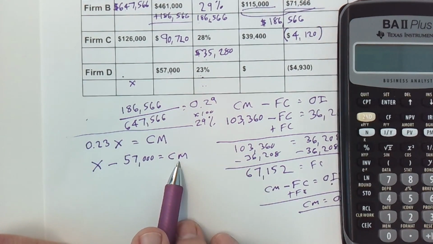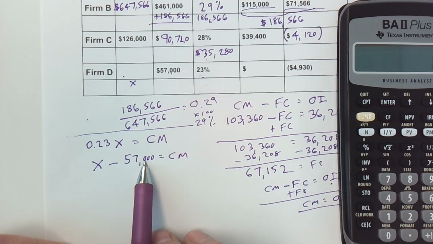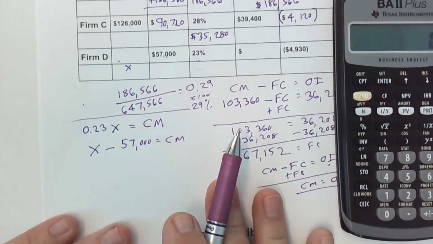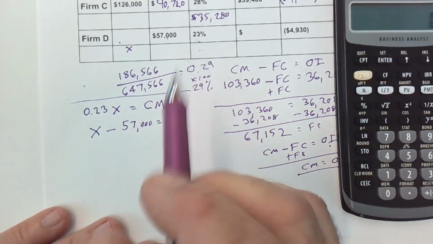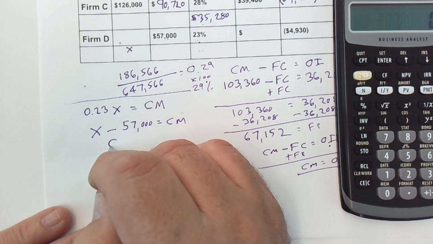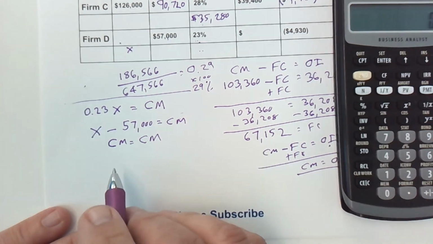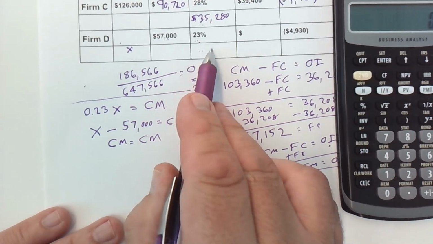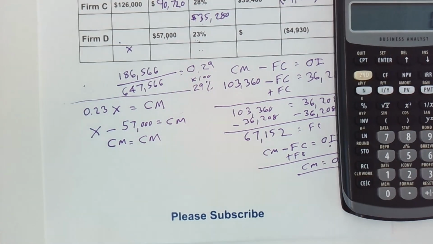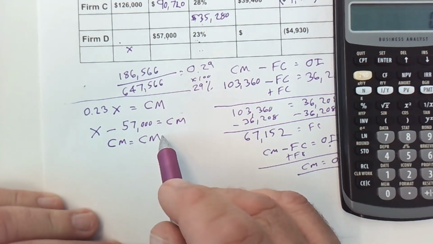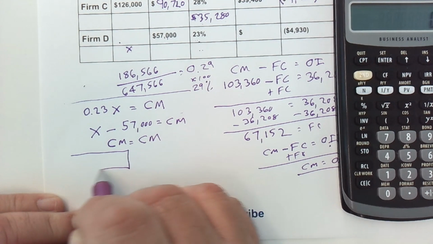So we can get to contribution margin two different ways, and I've set them both up algebraically. So to find X, to solve for X, all we need to do is set the contribution margin equal to itself, because we know contribution margin is equal to contribution margin, right? They're the same. In this case, we're finding the same contribution margin. We don't know what it is at the moment, but we do know that either way we find it, it comes to the same.